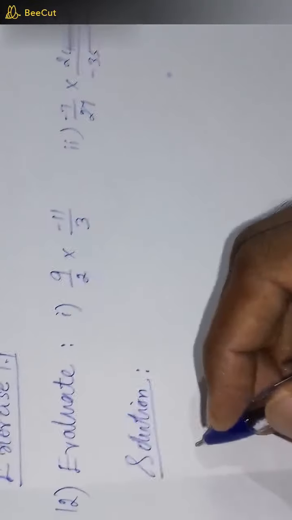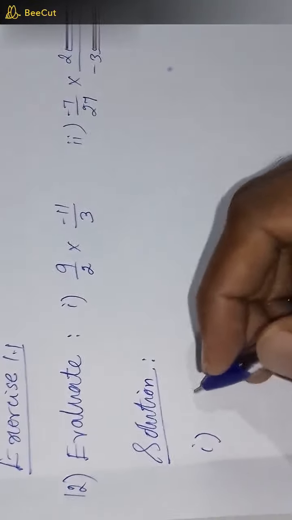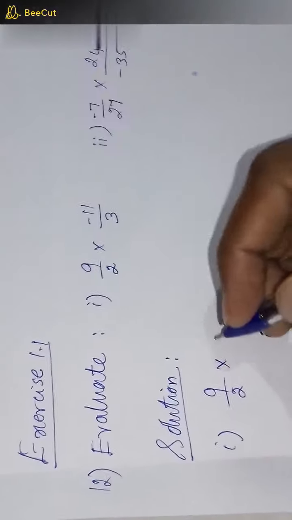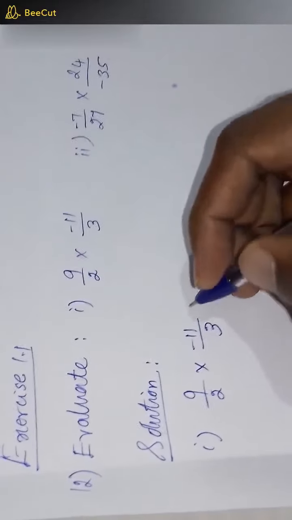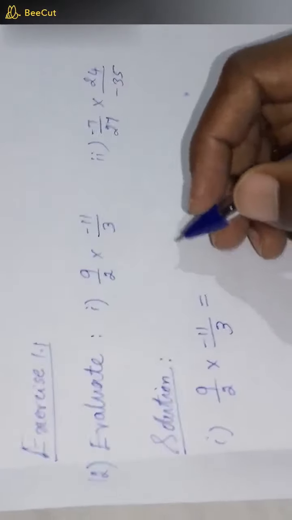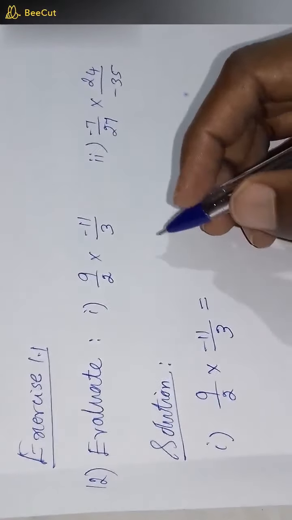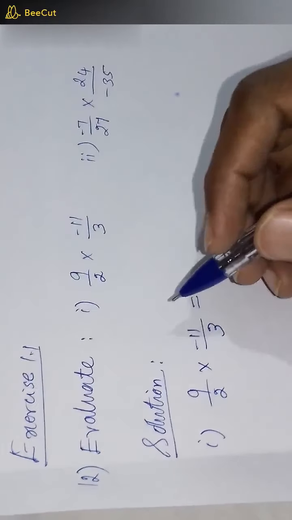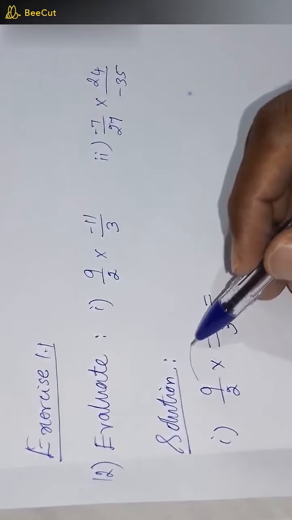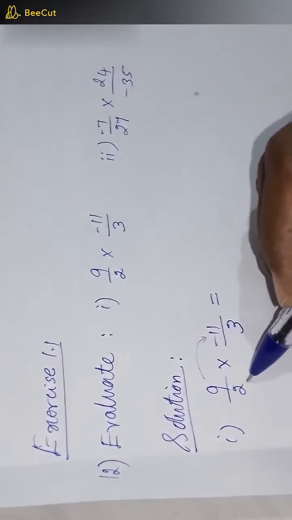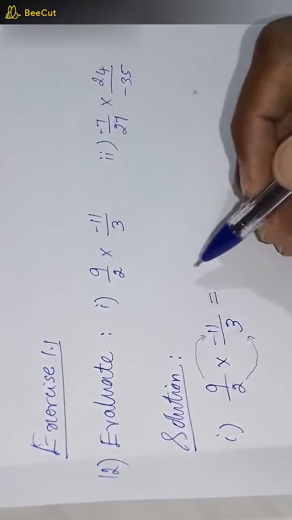Solution for the first part. It is 9 by 2 into minus 11 by 3. That is equal to, see, when we are multiplying two rational numbers, you have to multiply the numerator with the numerator and denominator with the denominator.